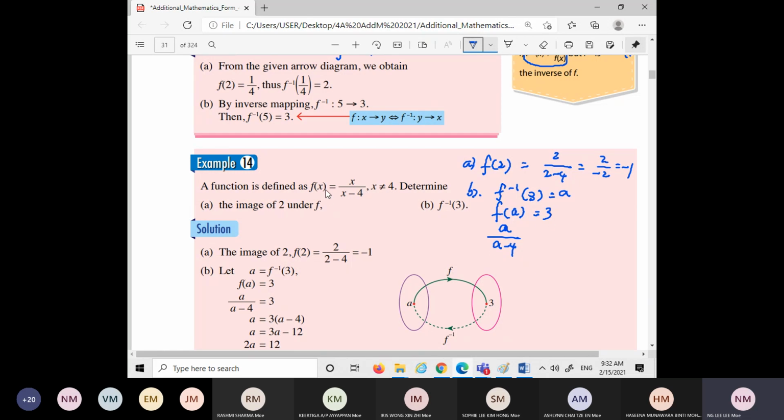If this is b, f(b) would be b over b minus 4. If they say this is c, then it would be c over c minus 4, and so on. Then it equals 3.